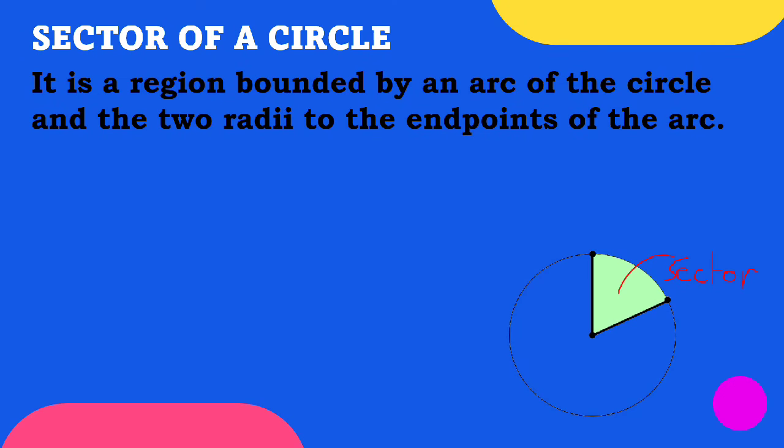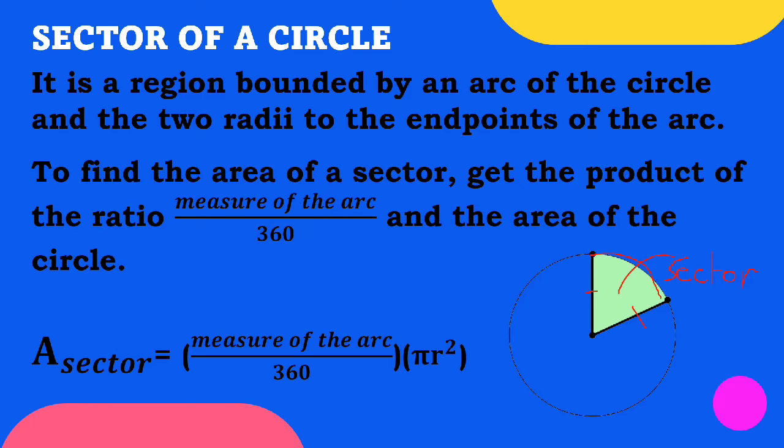To find the area of the sector, get the product of the ratio, measure of the arc all over 360, and the area of the circle. The area of the circle is equal to pi r square.